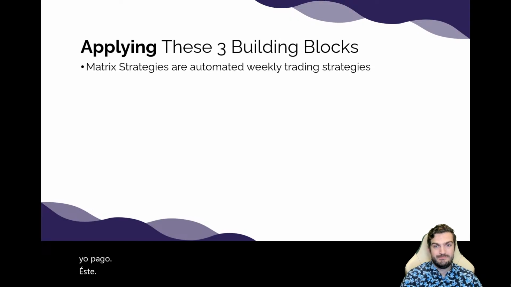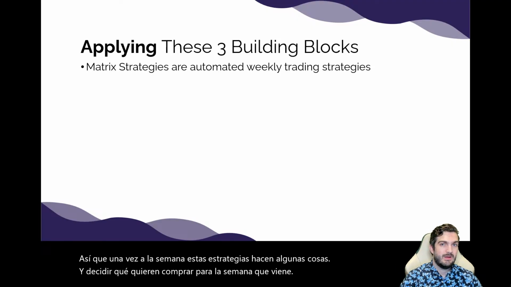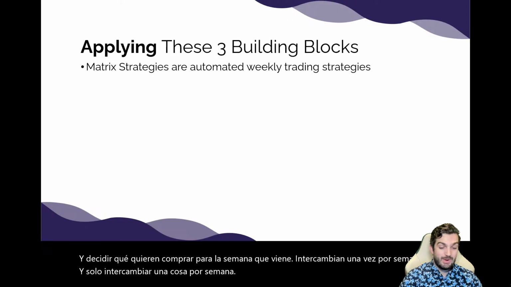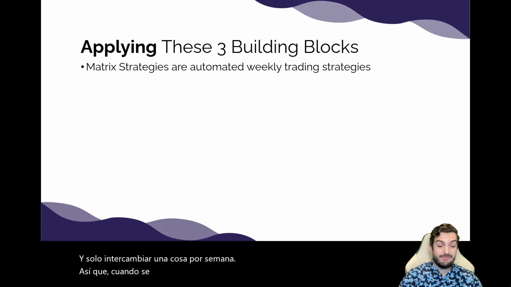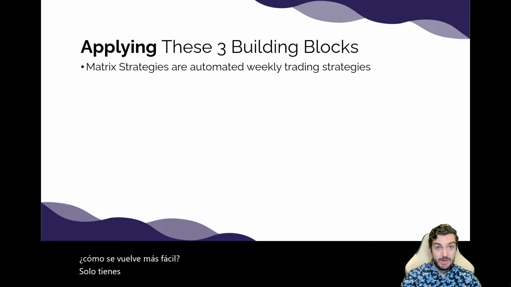And also, these strategies only update once a week. So once every week, these strategies will do some stuff and decide what they want to buy for the upcoming week. They trade once per week and only trade one thing per week. So when it comes to learning a new strategy, finding out a way to invest, how does it get easier? You only need to look at something once per week.